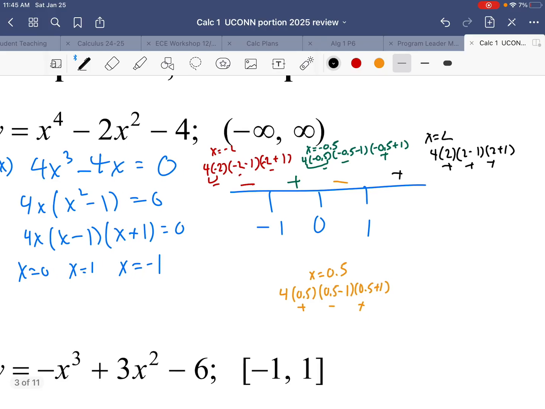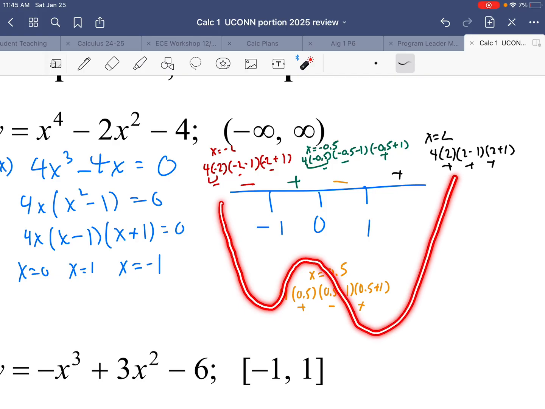So, when we're looking here, if we're looking for an absolute min or an absolute max, we're looking at the change. This is going to be decreasing, increasing, decreasing, and then increasing again.